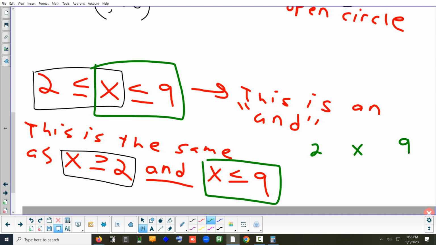Well, you look at the original. This has an equal to, and that has an equal to. So that has an equal to, and that has an equal to. Now, the other way you can do it is you can put the x in the middle, but you can flip everything. You can put the bigger number on the left. I don't do it this way. Put the smaller number on the right. And what symbol do you think you would put in those two spots? Greater than or equal to, yep.